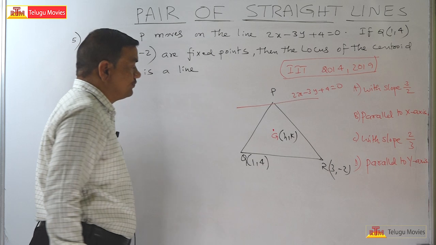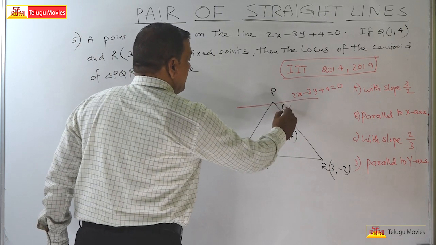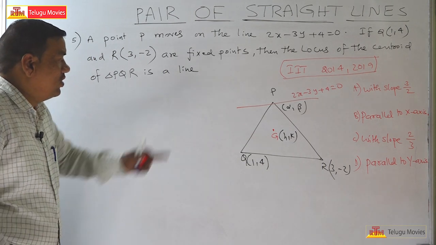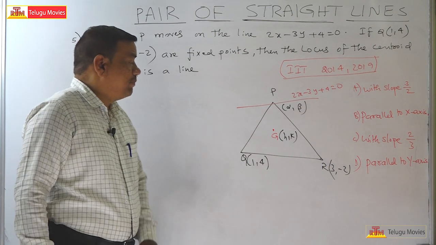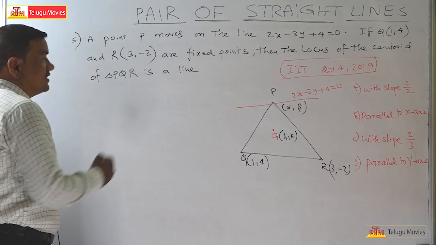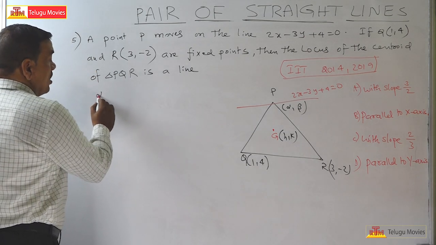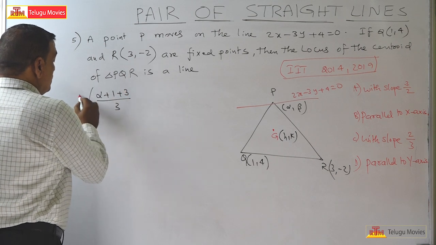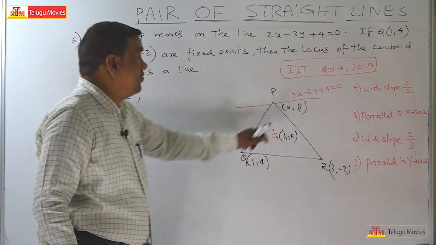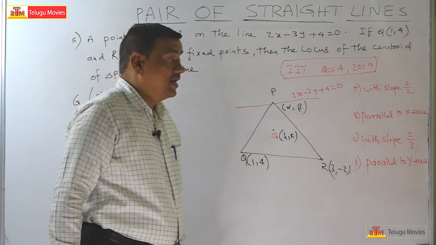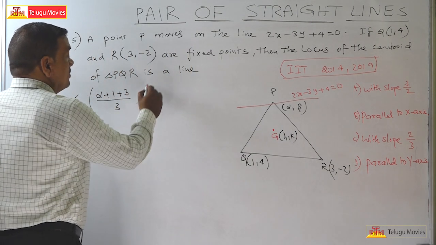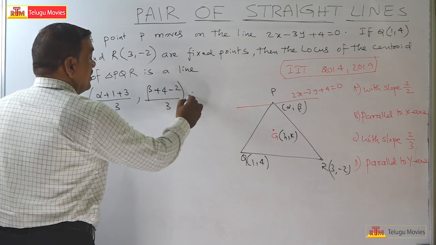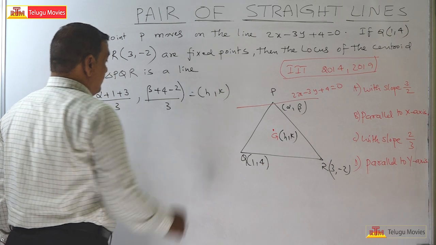Let the point P be (alpha, beta). What is the centroid of the triangle PQR? The centroid G is ((alpha plus 1 plus 3)/3, (beta plus 4 minus 2)/3), that is ((x1 plus x2 plus x3)/3, (y1 plus y2 plus y3)/3), which is equal to (h, k).